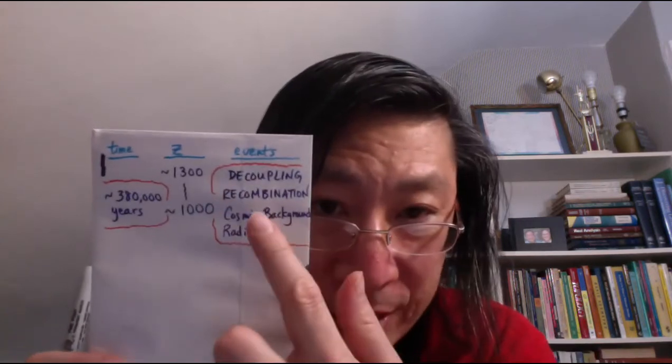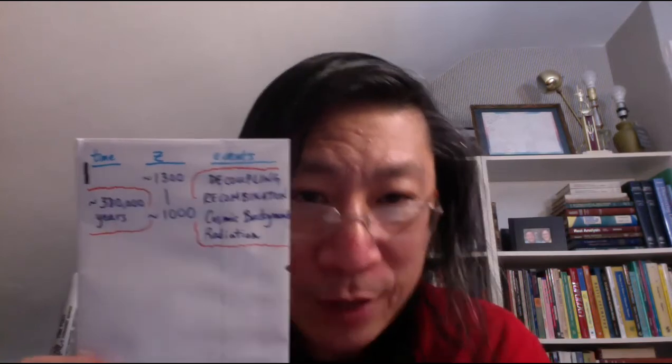So decoupling, recombination, the cosmic background radiation, that's all a result of what's going on at around a redshift of 1300 to about 1000. Okay, decoupling, recombination, the cosmic background radiation, that's all this time.